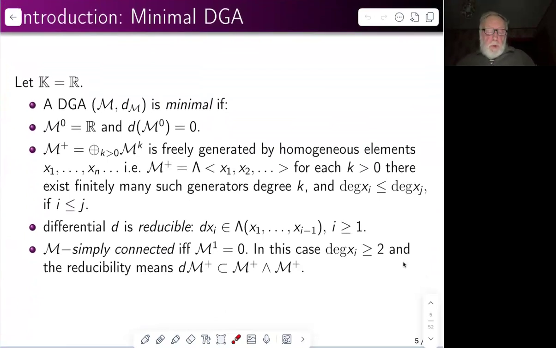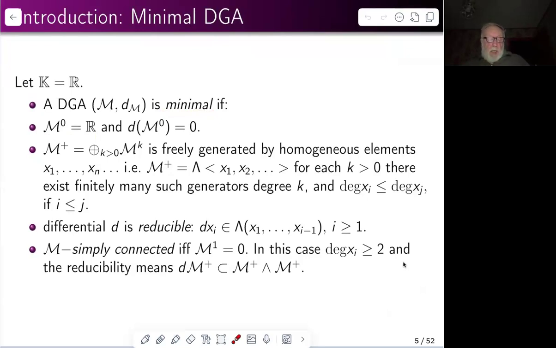Now, a very important notion is minimality for differential graded algebra. Here, I suppose that our field is the real numbers. We will say that a differential graded algebra M with differential d sub M is minimal if the zero degree component is isomorphic to R, and the differential is trivial on this zero degree component.